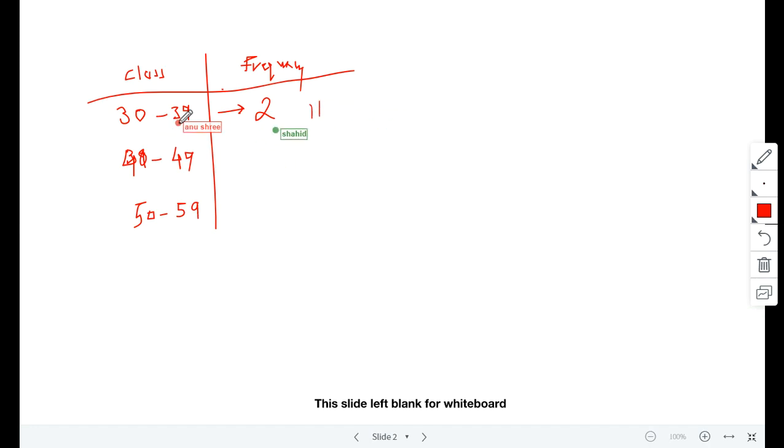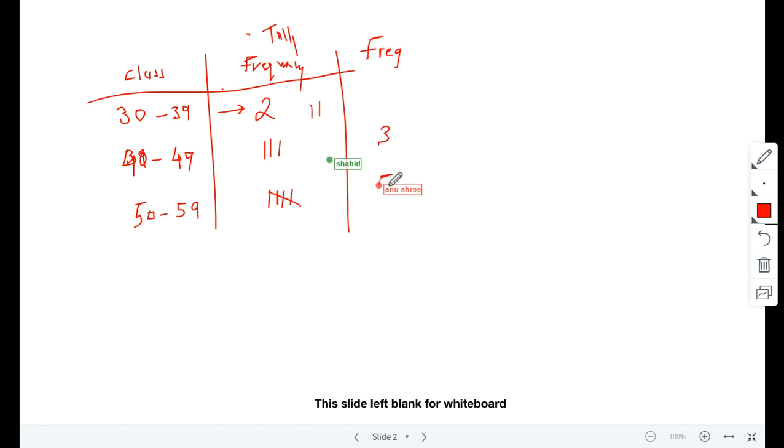Whenever you make a table, it's like this, frequency, and if you are using tally marks, you write tally marks here and frequency here, which means you also have to write the numbers. Even if you are using tally marks, you also have to write in numbers, like this is 3, this is 5.